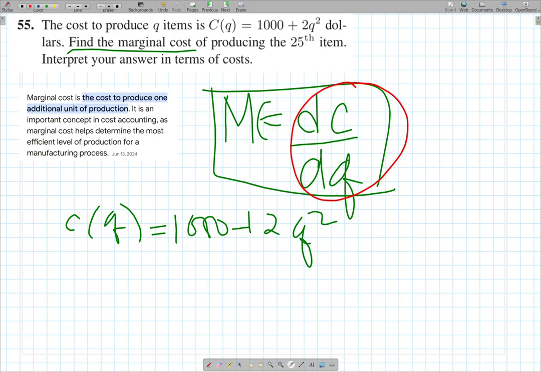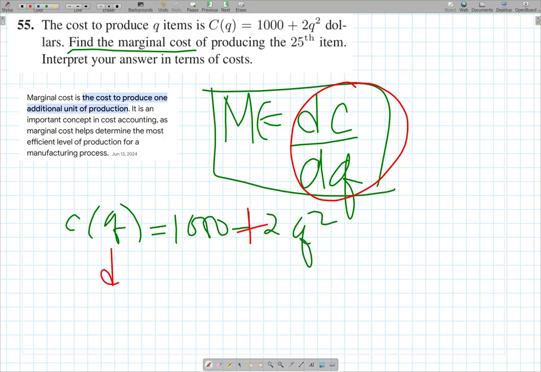And then ang Q natin dito is the number of items or units. So C of Q, C is a function of Q. Ang value ng C natin nakadepende sa Q. Alright, so how will you solve for the marginal cost? You will just derive C with respect to Q.